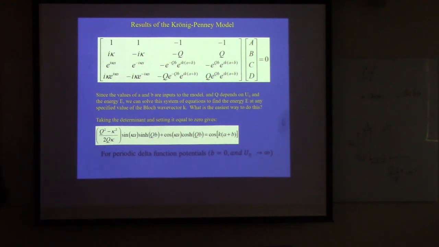I have 2 kappa downstairs, and upstairs I have q squared minus kappa squared. These are constants.